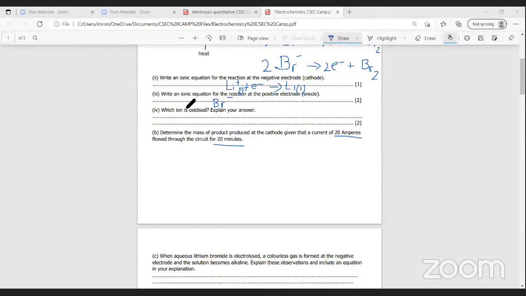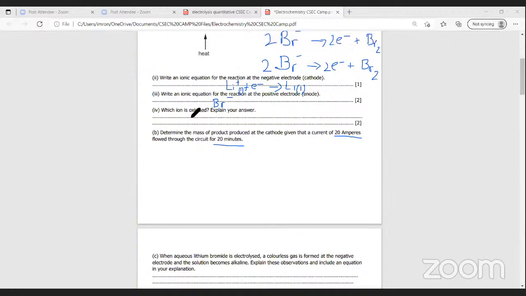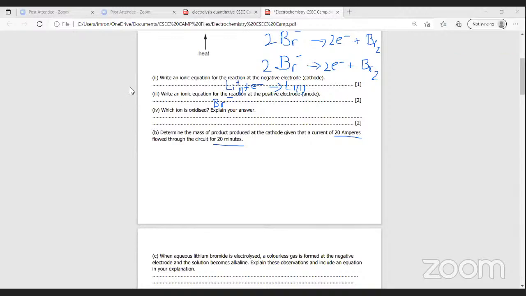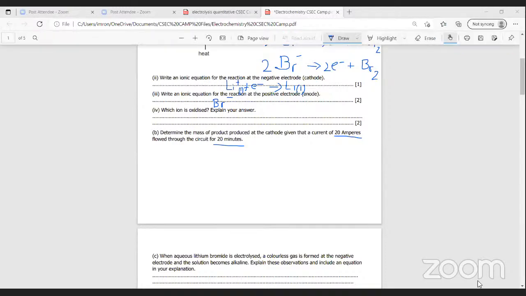Cations travel to the cathode, where they gain electrons. So in electrolysis, cations gain electrons and become discharged, and anions lose electrons to become discharged. Think about it: cations are positive, so they're lacking electrons. Anions are negative, so they have an excess, and they'll give up the excess.